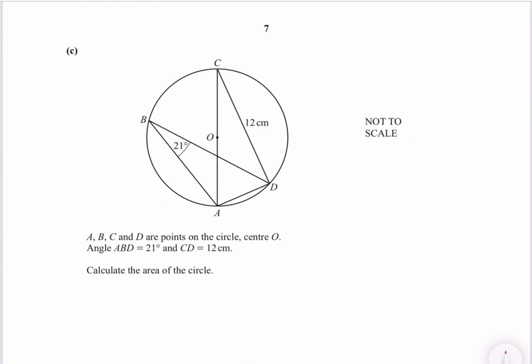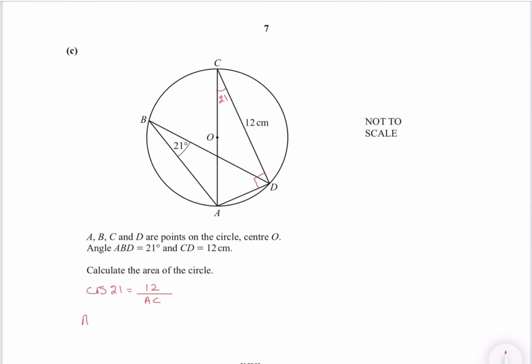Part C, calculate the area of the circle. To calculate area of circle, we have to calculate the diameter AC, because center O is given. So angle ABD is 21, so angle ACD would be also 21 because angles in the same segment. Now there is 90 degree at D. So we got a right angle triangle with a length and an angle. So we can use base over hypotenuse.